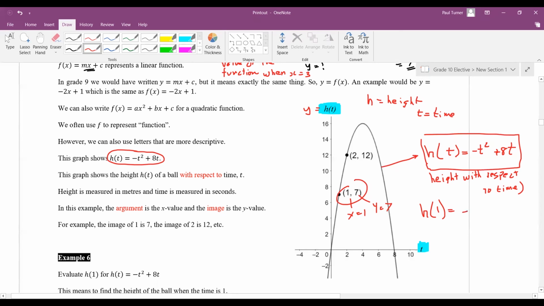So then I'll put it in: minus 1 squared plus 8 times 1, like that. So 1 squared is 1, minus 1 plus 8 is 7. So that's your y value here. So don't get too confused with this terminology. It's just representing the y-axis. Okay, and we're just using different notation.